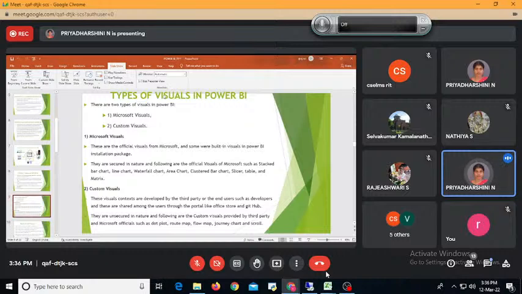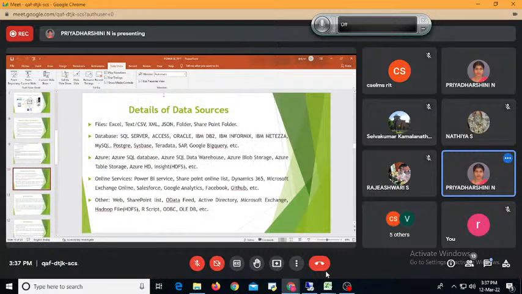They can develop their own visuals and share them in their office or on GitHub, and they can be used in many places. Unsecured custom visuals provided by third parties, such as dot plot, roadmap, flow map, journey chart, and scrolls, are also available on GitHub. So, data sources.